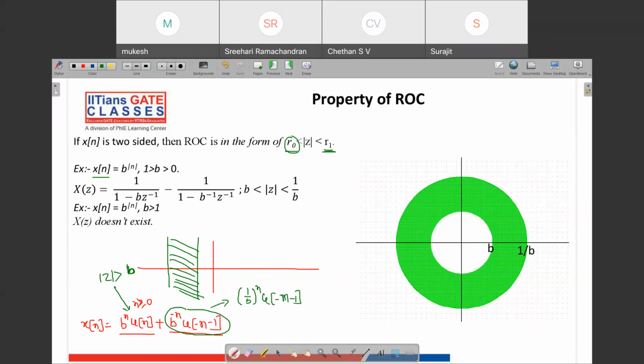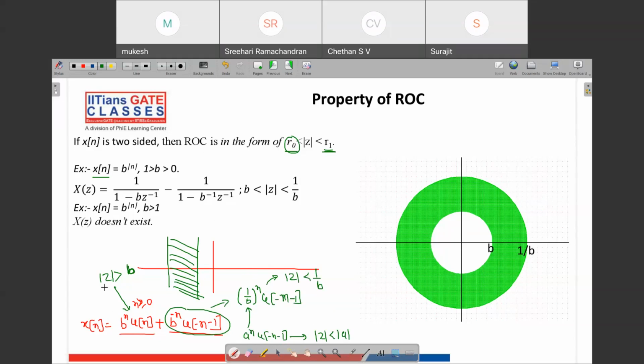For any signal of the form a to the power n u[-n-1], we saw that ROC will be in the form mod of z less than mod of a. In this case, ROC will be mod of z less than 1 by b, where a is the same as 1 by b here.